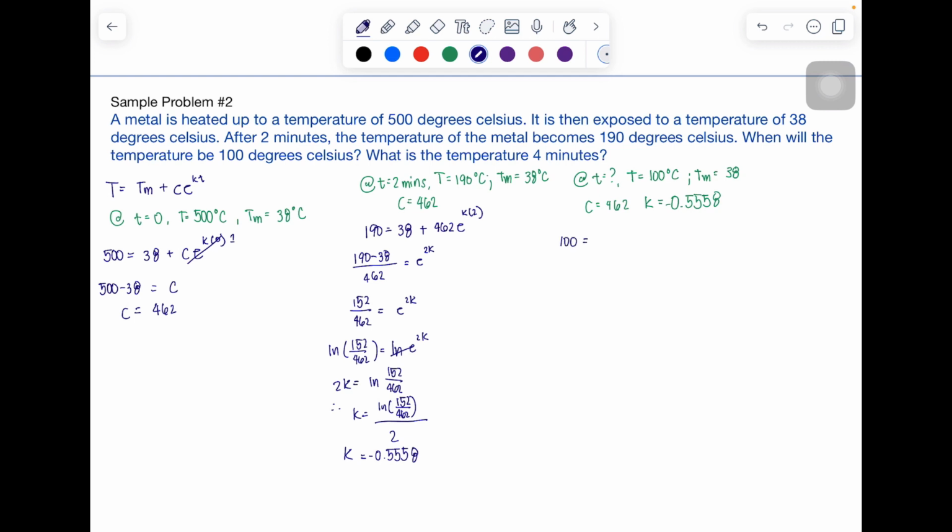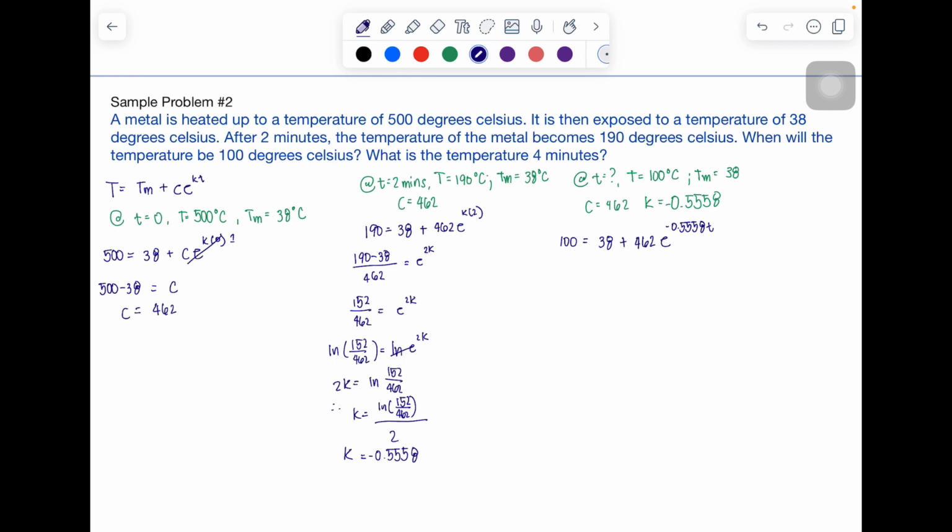All right, so let's substitute to the equation. 100 is equal to 38 plus 462 e to the negative 0.5558 t. So what happens next?